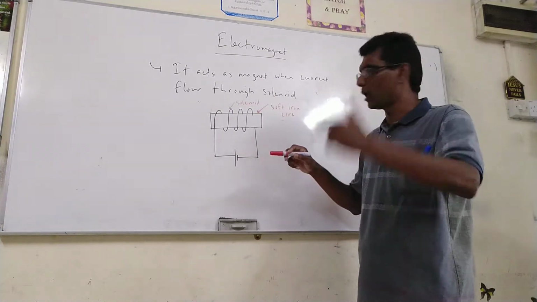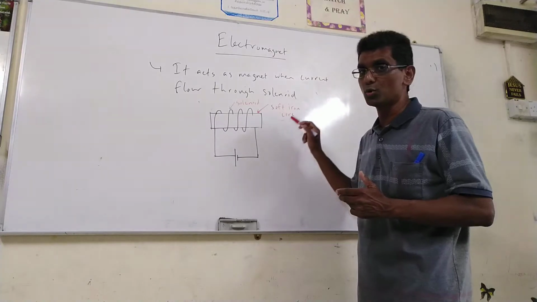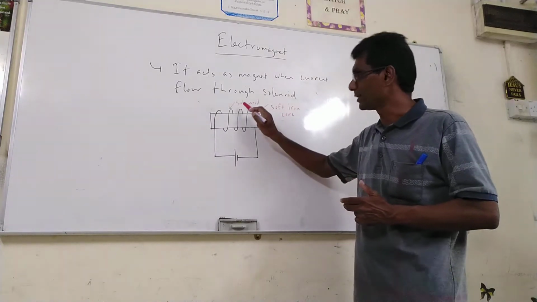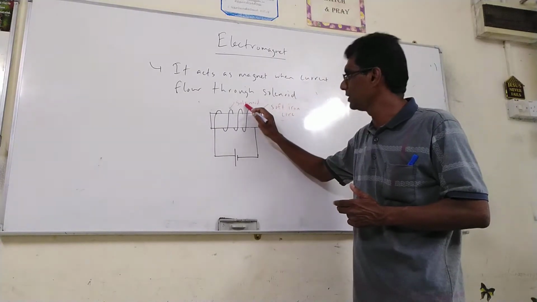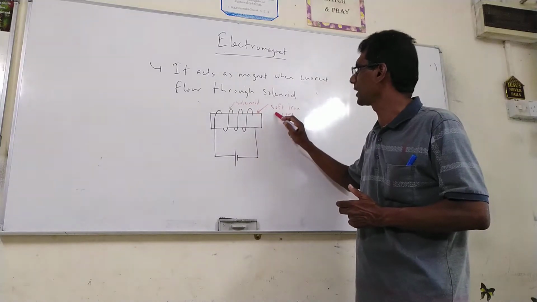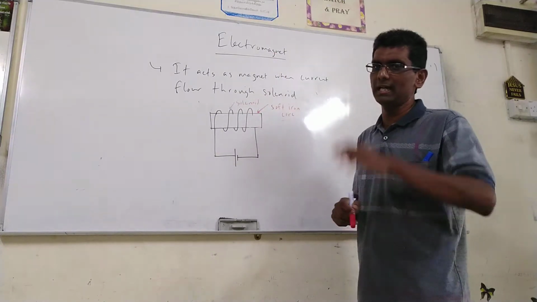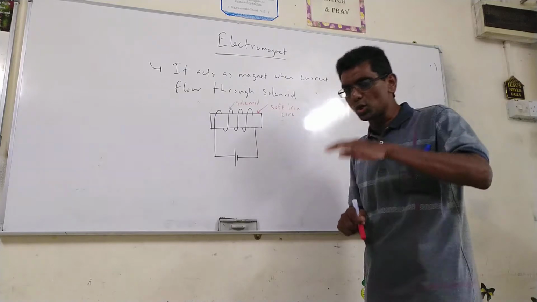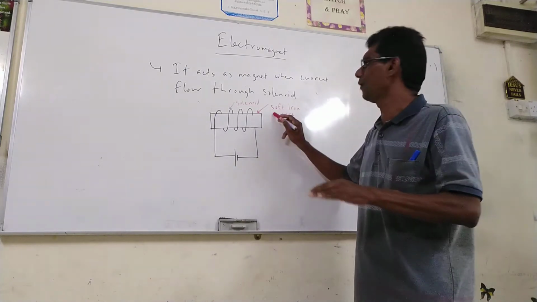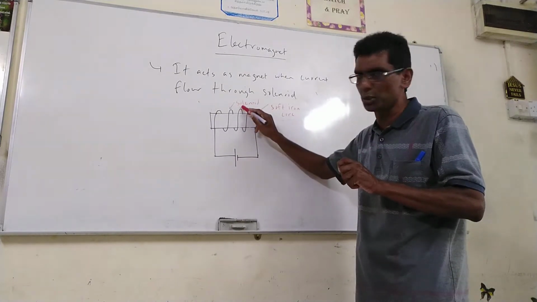Copper wire wound around a soft iron core. The solenoid and the soft iron core together are called an electromagnet. Electromagnet consists of a soft iron core and a solenoid.